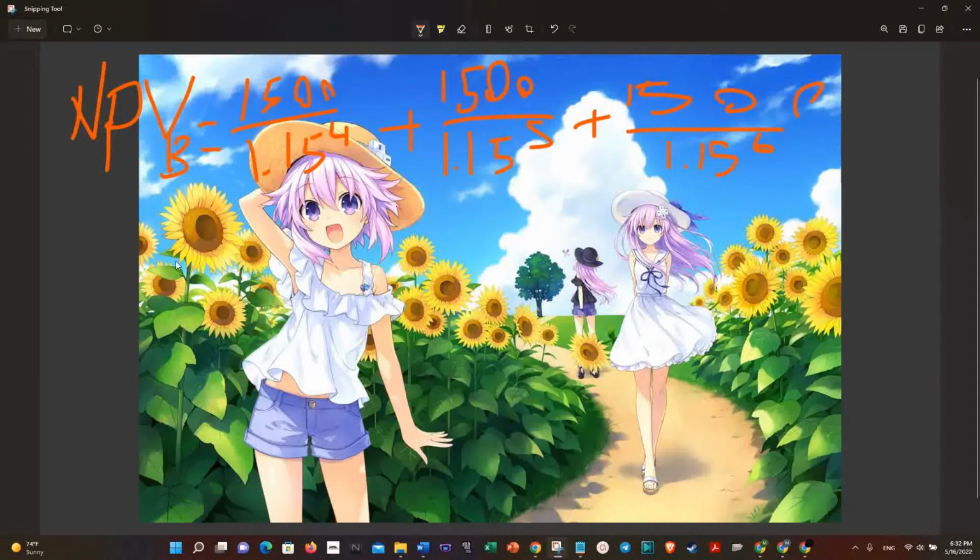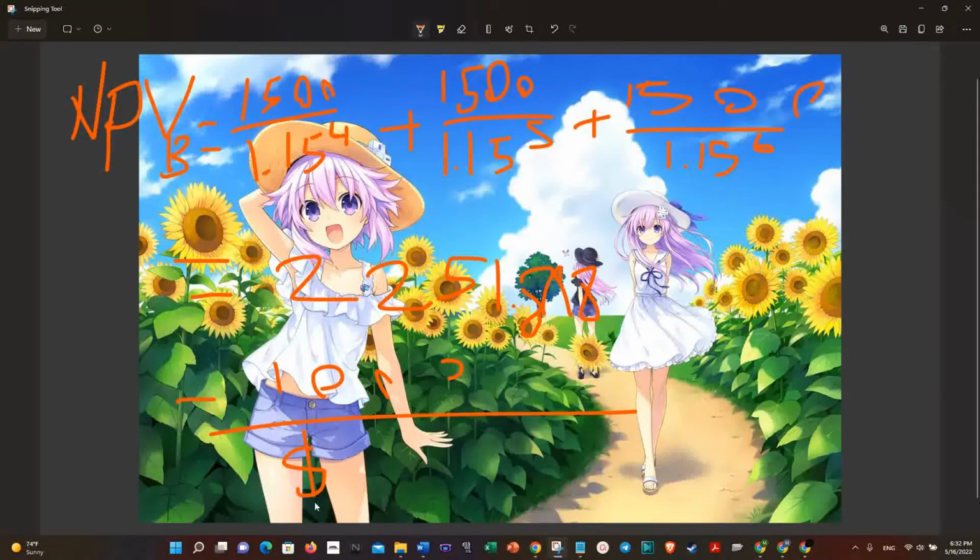So you put this on your calculator, and you'll get 2,251.898. But now that you have this number, you can subtract 1,000 because that's your initial investment, and you'll get $1,251.89.